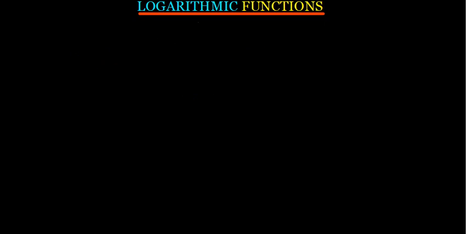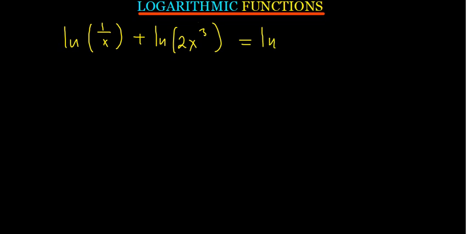Yeah. Okay, let's consider another one. We want to solve natural log of 1 over x plus natural log of 2x raised to the power 3 is equal to natural log of 8.